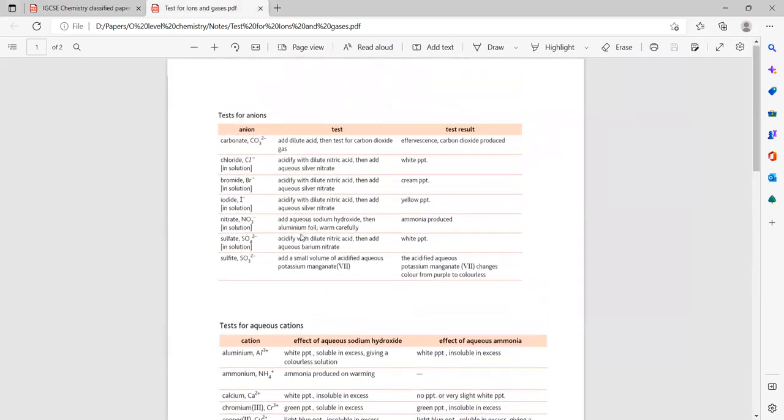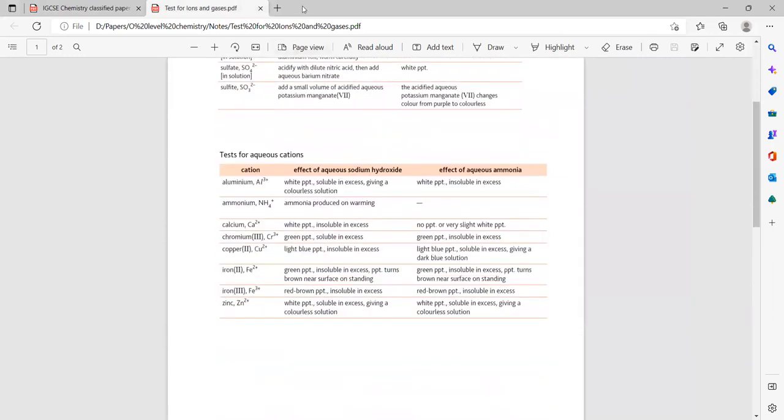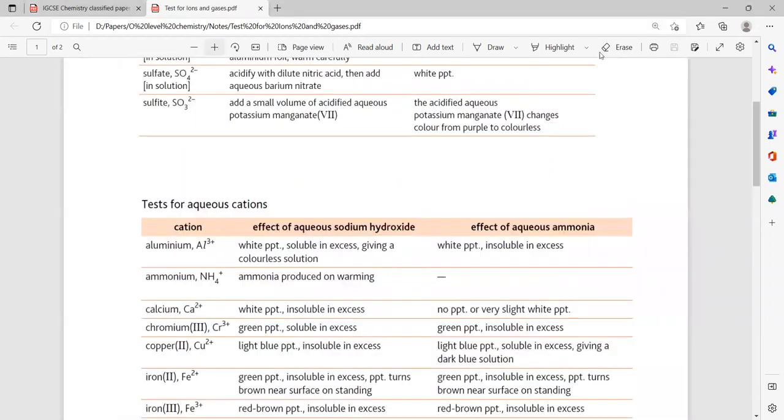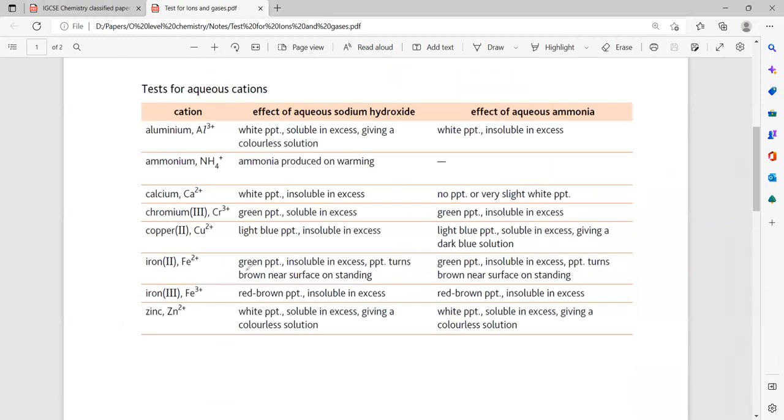So when you check the copper, when you add sodium hydroxide, it will first form a blue precipitate, or a blue solid. It means when we mix two solutions, a solid is formed. We call that a precipitate.